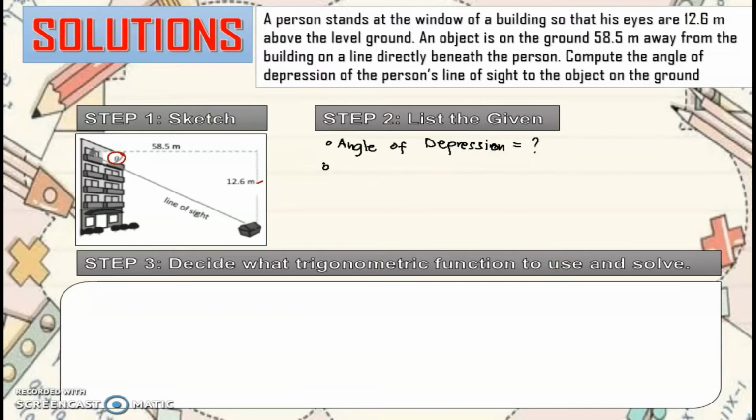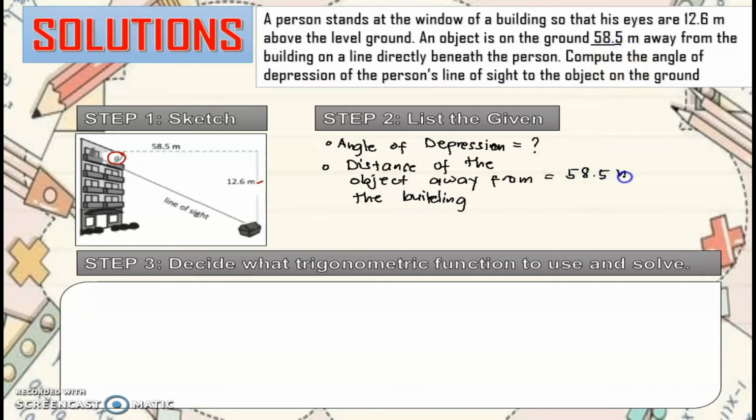Next, we have the base of the building, the distance of the object away from the building. So that is equivalent to 58.5 meters. And of course, the height of the building. The height of the building is 12.6 meters.